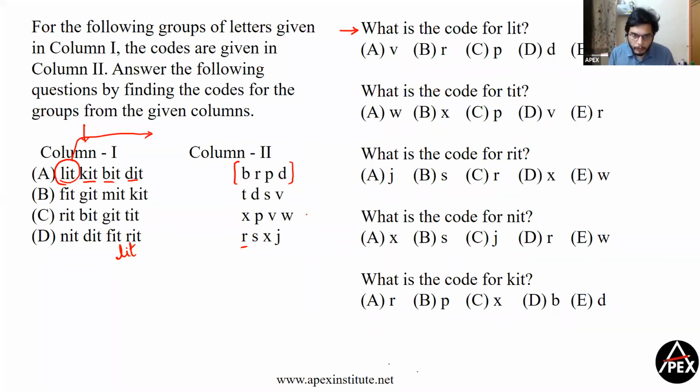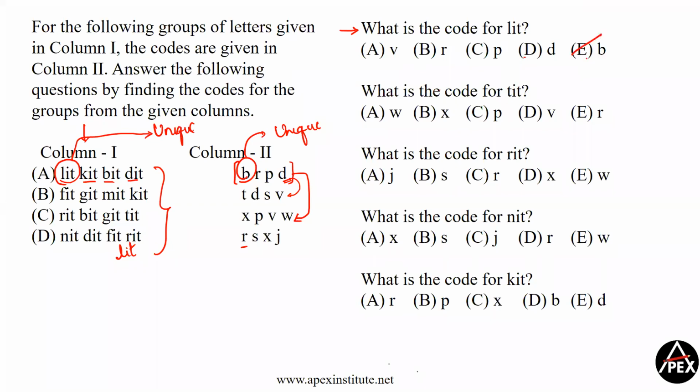P is repeated in the third row, row C, so that is not the code for lit. D is also repeated, so D is also not the code for lit. So B is unique here. Lit is not present in any of the further 3 rows. Same for B. So I can directly say that B corresponds to lit.